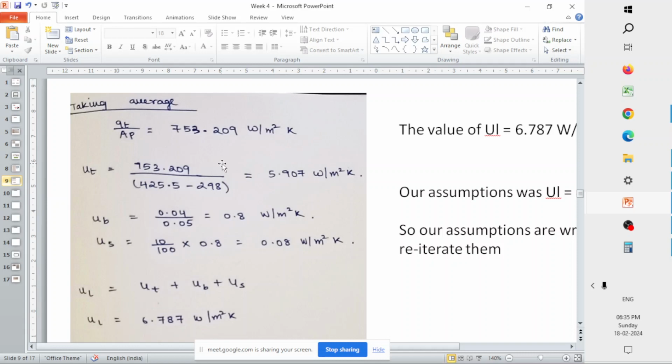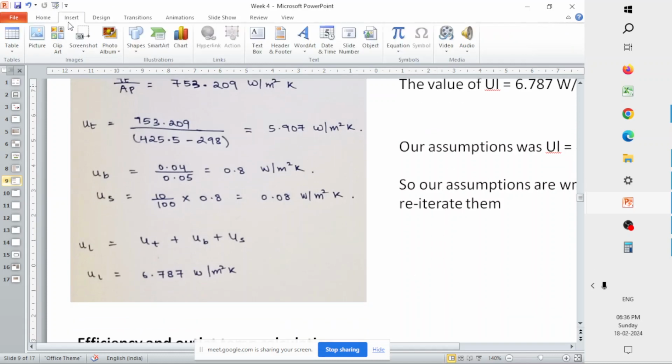So this is your QT by AP value. Now from here you calculate your UT, that is the heat loss coefficient of the top side or upper side. That is 753.209 divided by 425.5 minus 298, which comes around 5.907. And your UB, through the bottom, is given by the thermal conductivity of the insulation divided by the thickness of the insulation.